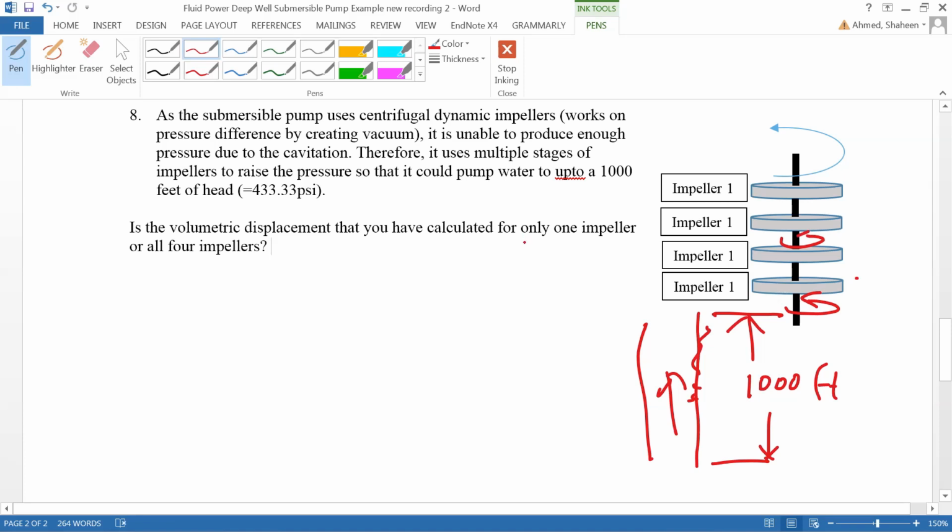Now it says that the flow rate that you calculated before, does it develop by one impeller or all four impellers? So the answer would be that one impeller develops that flow, creates some pressure, and then transfers to this impeller, adds some pressure, the same flow, and then goes to this one, and then this one.